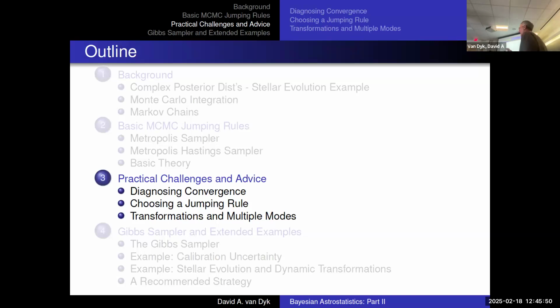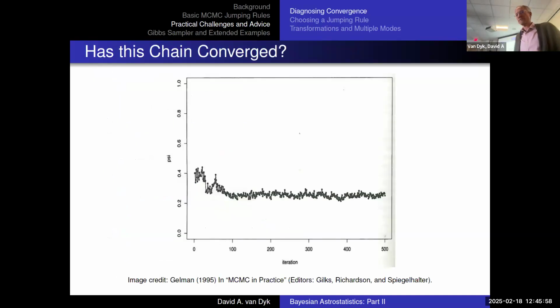So, practical challenges and advice. Convergence diagnostics, and choosing the jumping rule, which is what we were talking about a moment ago. There are two things we want to think about. One is, have we run the chain long enough that these asymptotic results are going to give us the right answer?